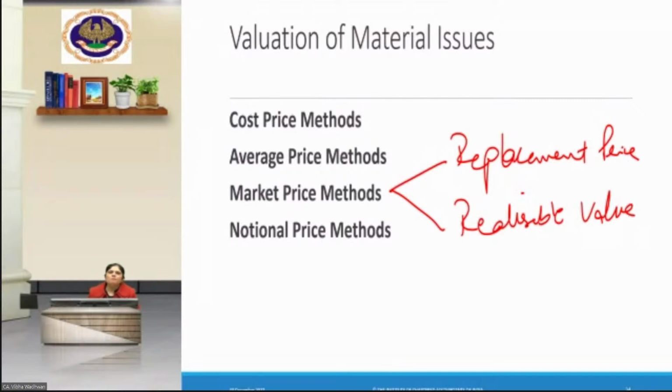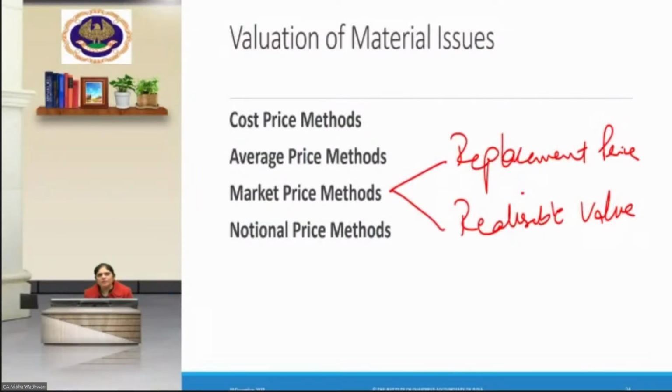And of course, the predetermined rate is also calculated keeping in view the current market price, the future market prospects, the logistics cost, the transportation cost. So it's not that a predetermined rate or a notional price is just randomly kept. It is also kept after much deliberations.